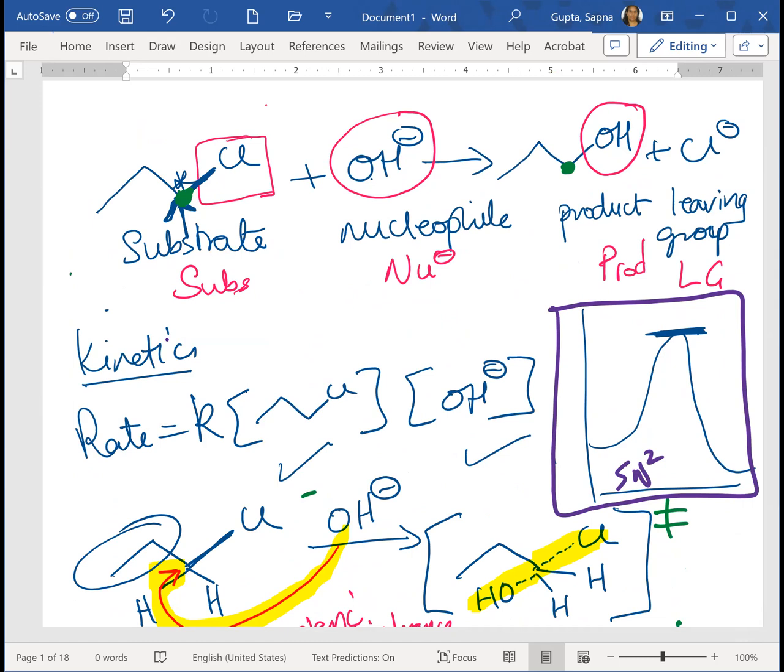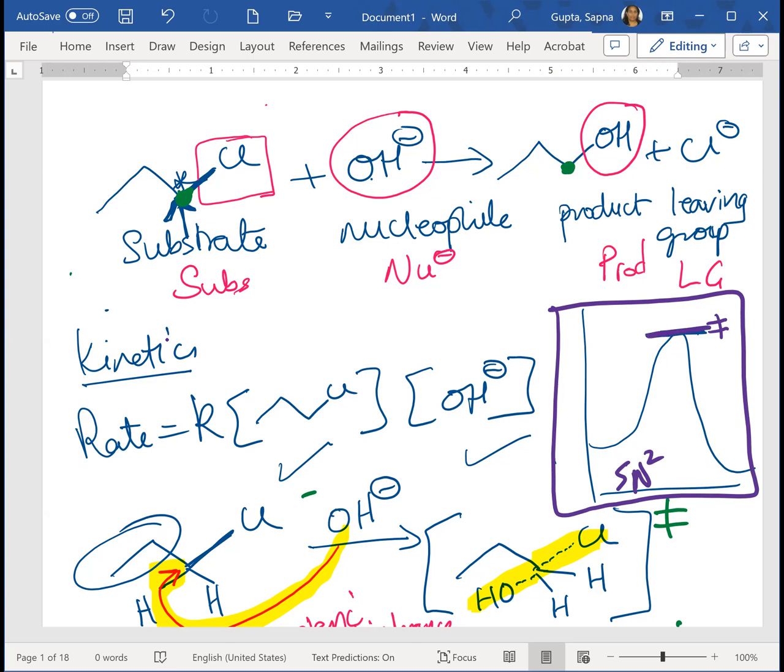The graph for the Sn2 mechanism just has the one transition state on it. Whether the reaction is exothermic or endothermic, I'm not going to predict that because that depends on the reaction. I am predicting only the transition state. That's all. So the Sn2 graph has just the one transition state.